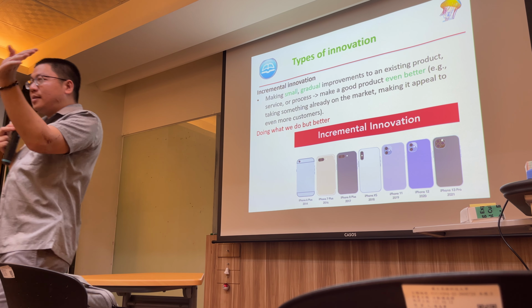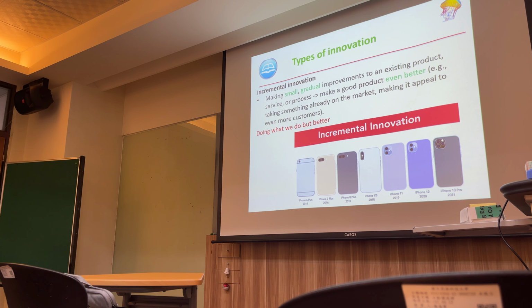But also iPhones. Back to the past, as I shared, iPhones were launched in 2007. Before the smartphone era, what kind of phone did we use? For example, Nokia, not smartphone.